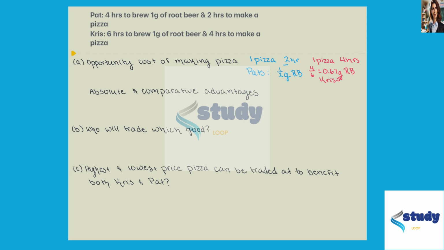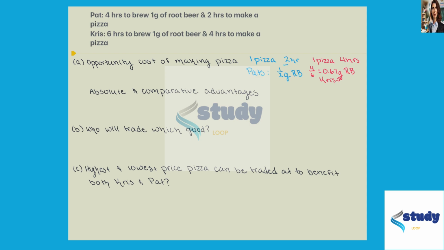Now, if we wanted to compare these absolute and comparative advantages, absolute advantage is looking at just who can make the most in the least amount of time. So we're looking at it for pizza right now, not for root beer. Let's take a look at Pat. He takes 2 hours to make a pizza. Kris takes 4 hours to make a pizza. So what that tells us is that Pat is more efficient at making pizza.